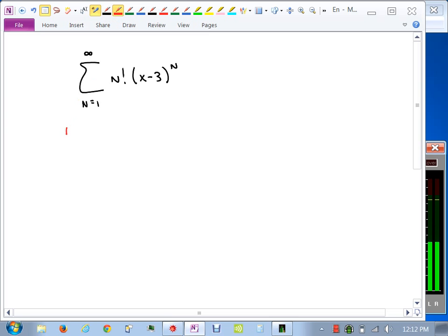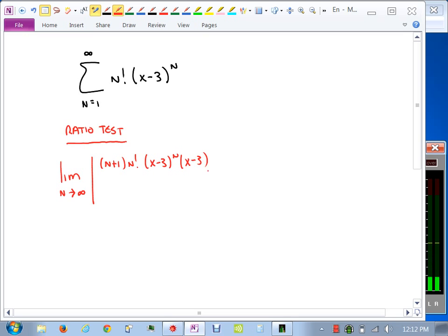Ratio test. Limit as n goes to infinity, absolute value, of (n plus 1) times n factorial, (x minus 3) to the n times (x minus 3), all over what?